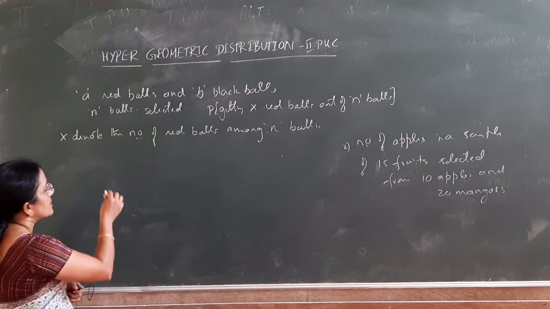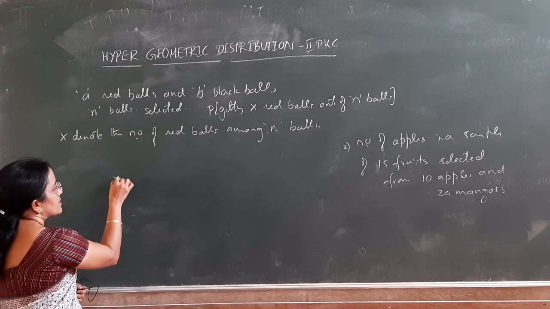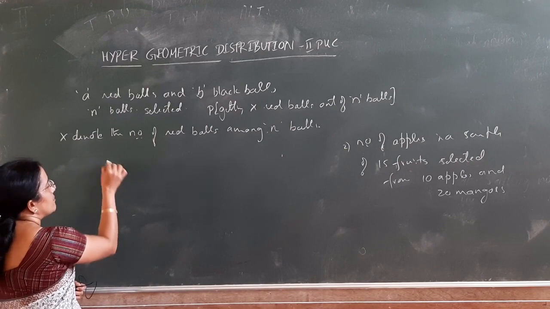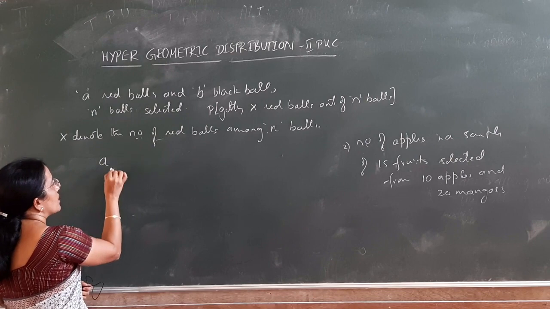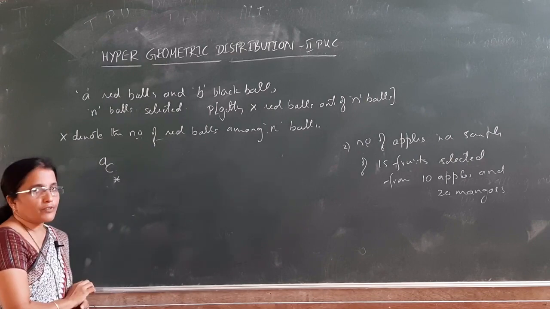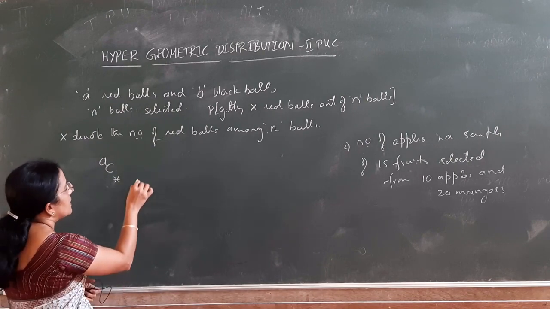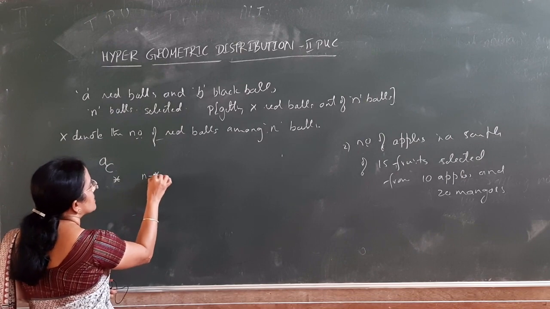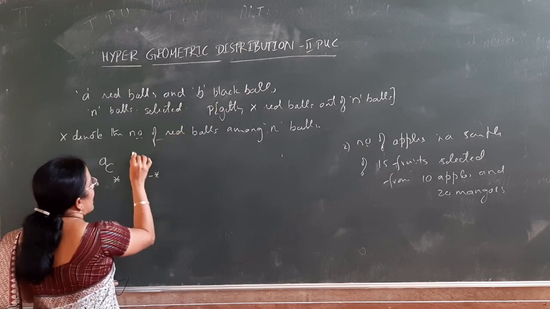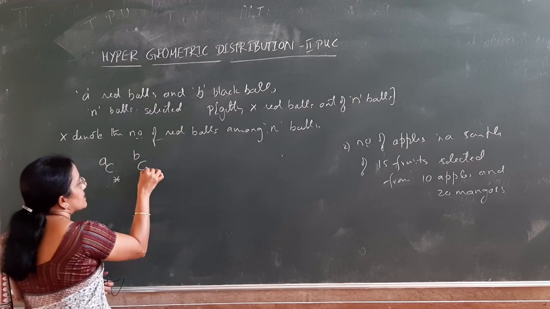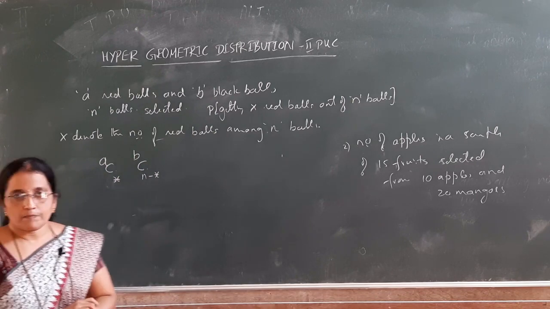x red balls are selected from A red balls in ACx ways. Similarly, the remaining n minus x black balls are selected from B black balls in BCn-x ways.